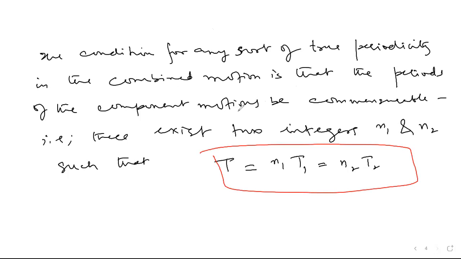Then the period of the combined motion, that is the value of T as obtained from this, let me name it equation first, using the smallest integral values of n1 and n2 for which the relation can be written, right?